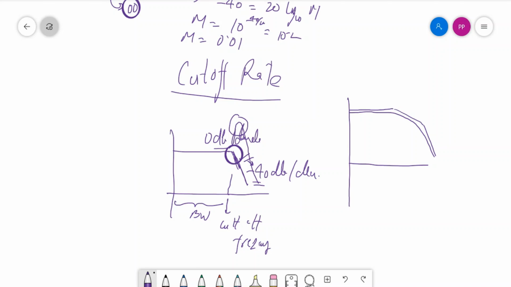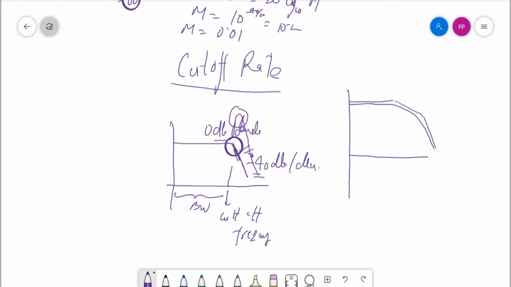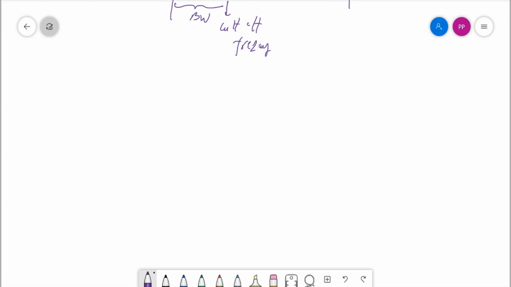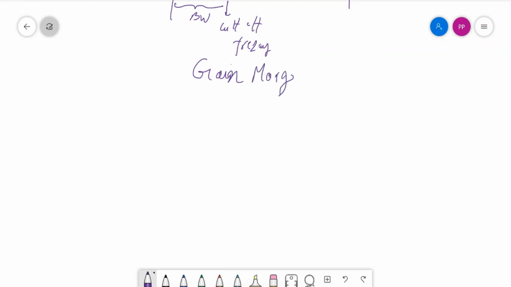So going further, we are talking about the gain margin. Again for the sake of simplicity I will plot a graph in which the system will have a relative stability, then a gain margin can be obtained at the phase crossover frequency. So this is the omega phase crossover.